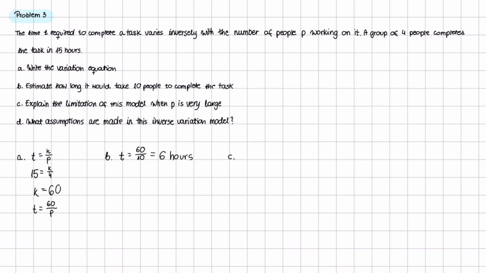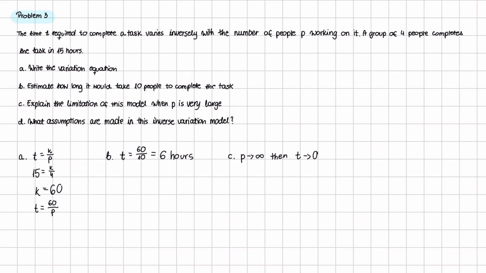So, when our P goes to infinity, then our t goes to 0, because if we have a very big number of people, so time required to complete a task will be very small, because a lot of people will do this work, so our time, we can say, diminishes because we have a lot of labor.